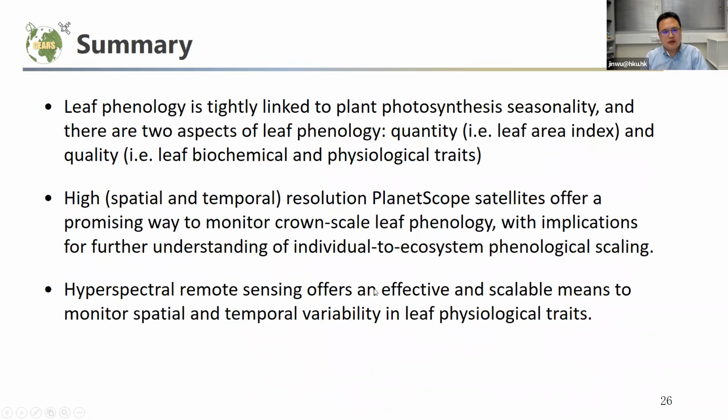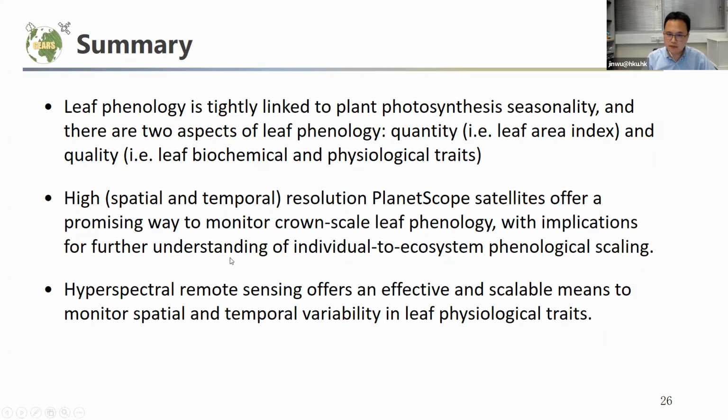So here is a quick summary of what we just discussed. We talked about how leaf phenology is tightly linked to plant photosynthesis seasonality, and there are at least 2 aspects of leaf phenology, the quantity and quality aspects. Later on, I showed there are 2 potentially important remote sensing technologies that can help us quantify fine-scale phenology variability, including high spatial resolution remote sensing, which can be a way to help us monitor fine-scale phenology, probably at the crown scale.